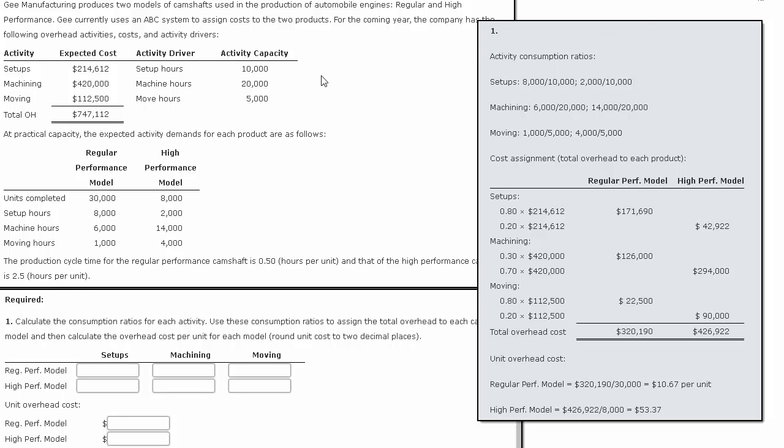By the activity capacity. There's our 10,000 and 20,000 and 5,000. And we do the same thing for the other model. So you see the 2,000, 14,000 and 4,000 being divided by the activity capacity as well.